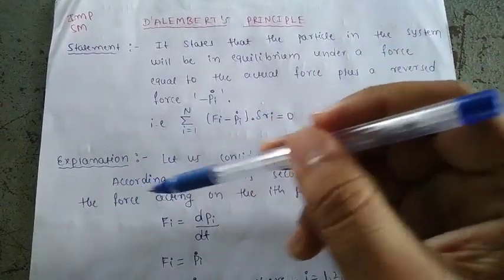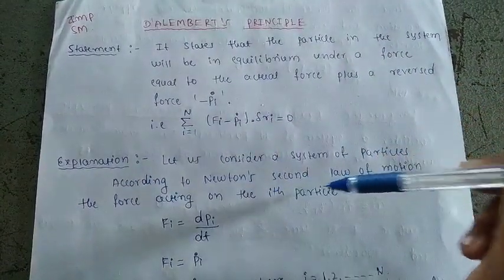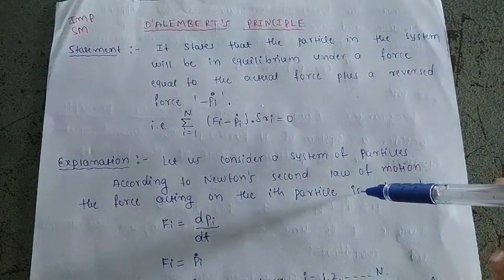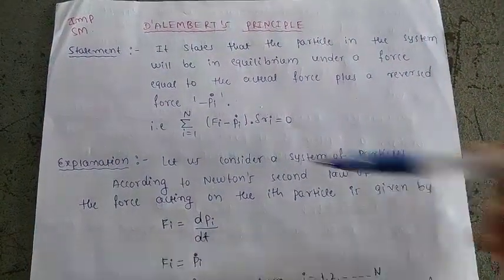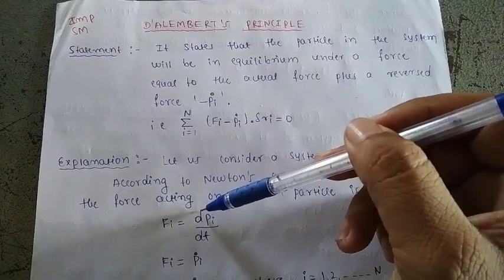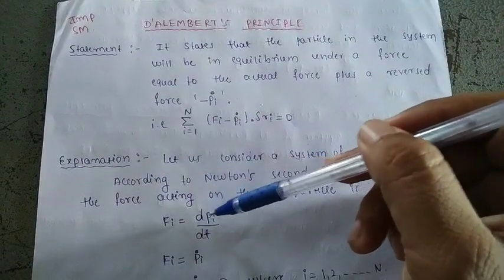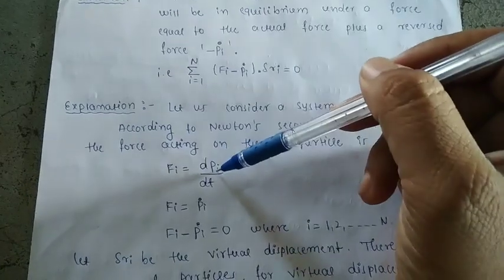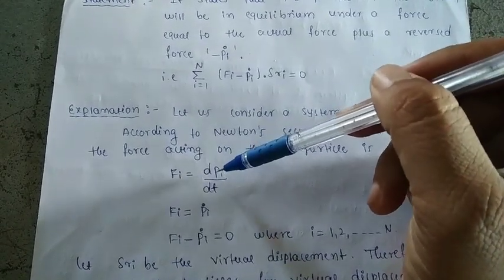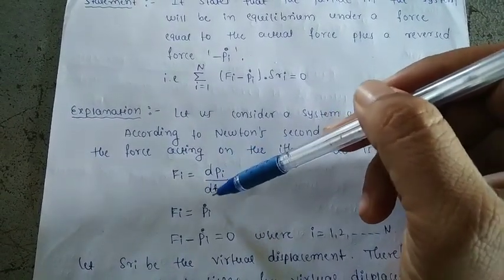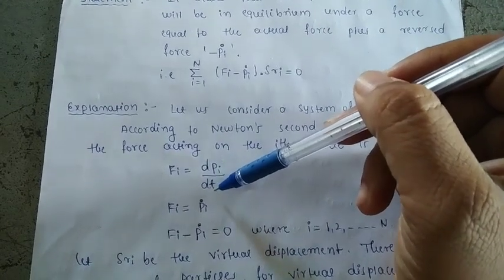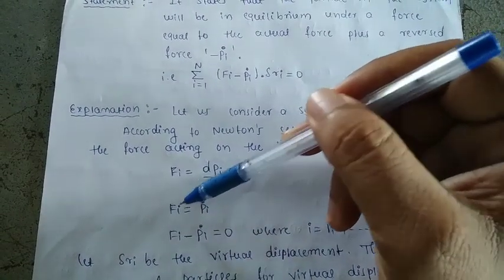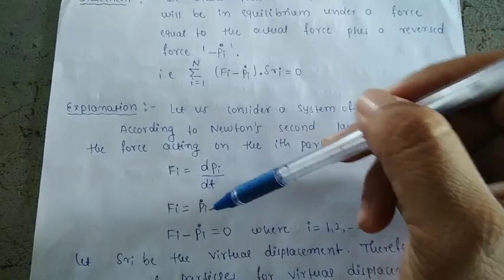Then the force acting on the ith particle of the system is given by F_i equal to the rate of change of momentum of that particle, dp divided by dt. Here p_i is the momentum. This dp divided by dt we can also write as p_i dot. F_i is equal to p_i dot.